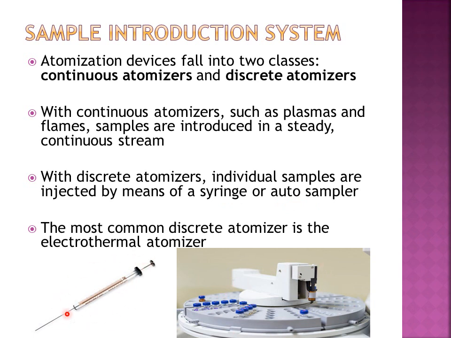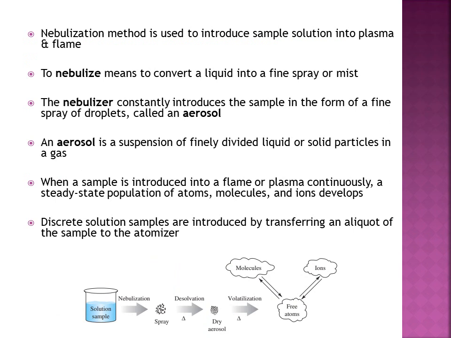You are well aware of the syringe, and autosampler means all of your samples you can put in this device, and you give a command to your system by the use of software, and your system picks up all of your samples one by one. And the most common discrete atomizer is the electrothermal atomizer.